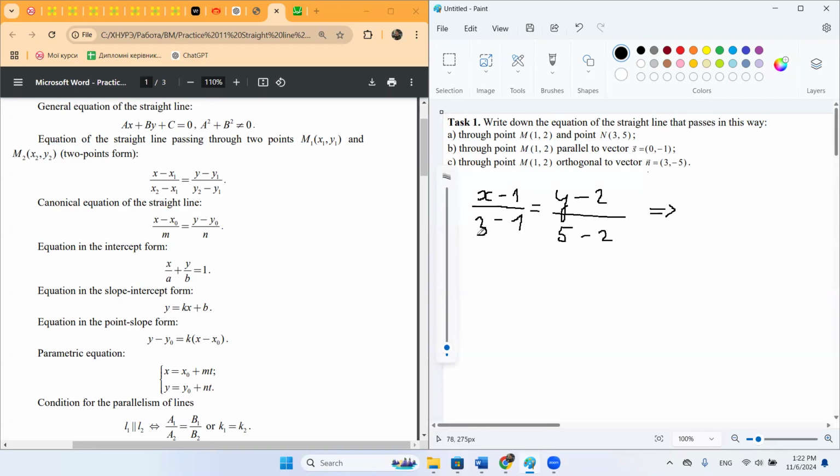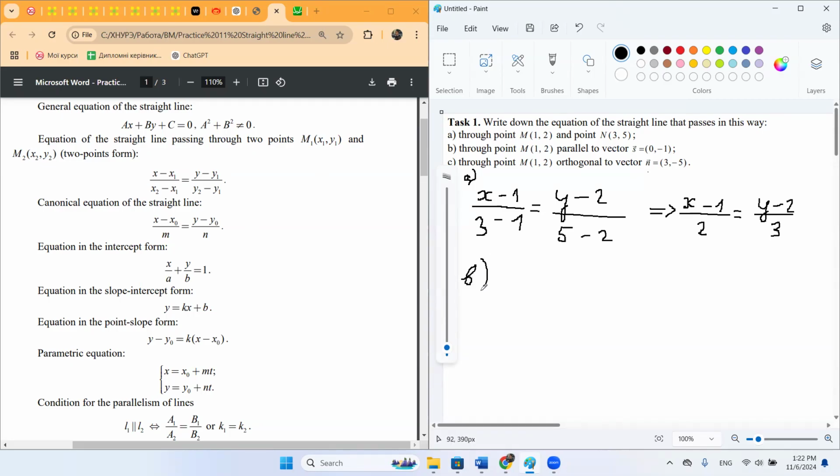It should be 3, yes. Thank you, my bad. And if we reduce, we will get a canonical equation of the line. So (2, 3) is a direction vector. Such forms are almost equivalent.